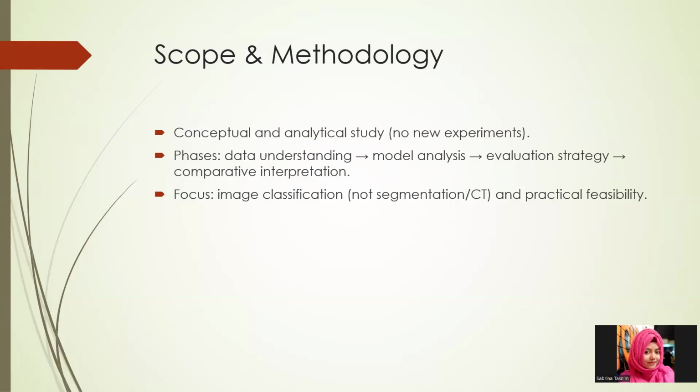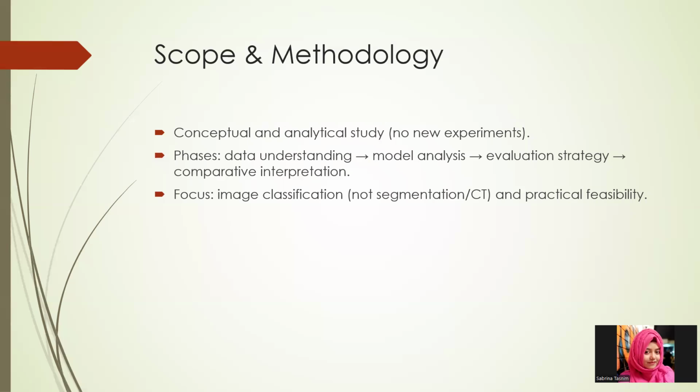Scope and methodology. This research adopts a conceptual and analytical approach rather than performing new experiments. The study follows four phases: data understanding, model analysis, evaluation strategy, and comparative interpretation.